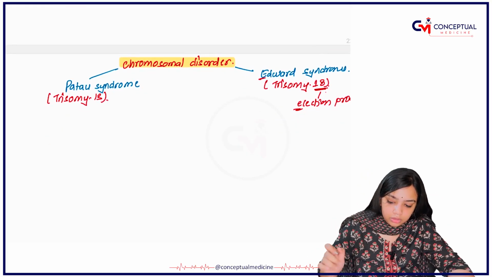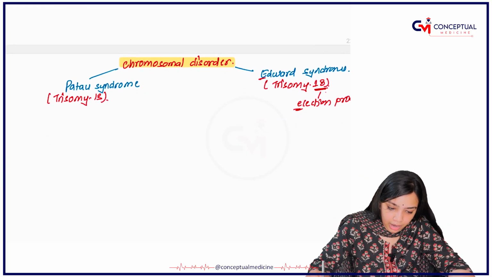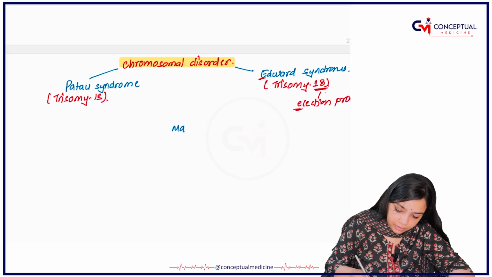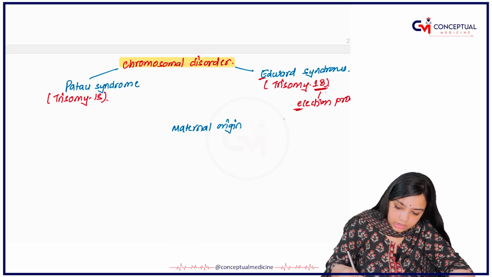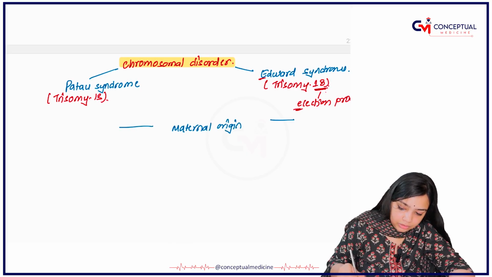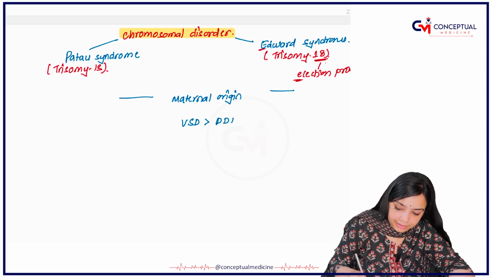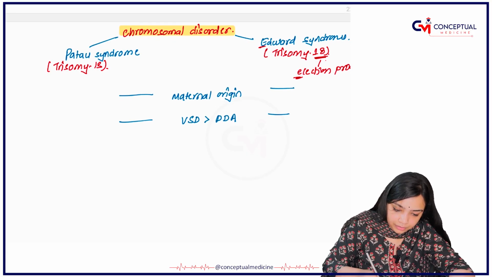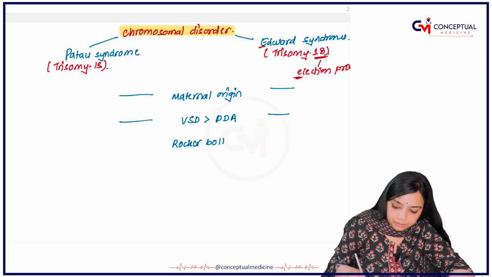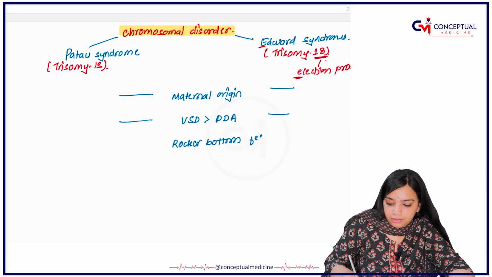Okay. So the origin of both of them is maternal only. That is transferred from the mother. Okay. If I talk about the heart defect, VSD is more common than PDA. Okay. And there are rocker bottom feet.